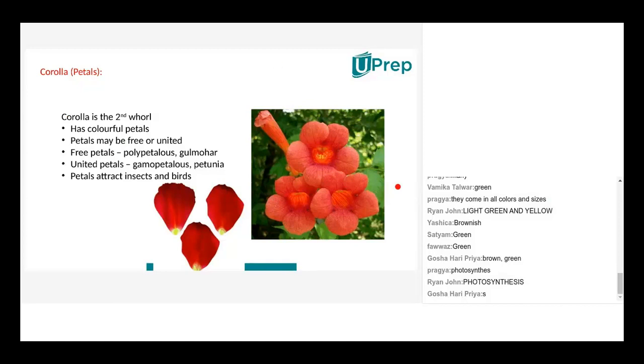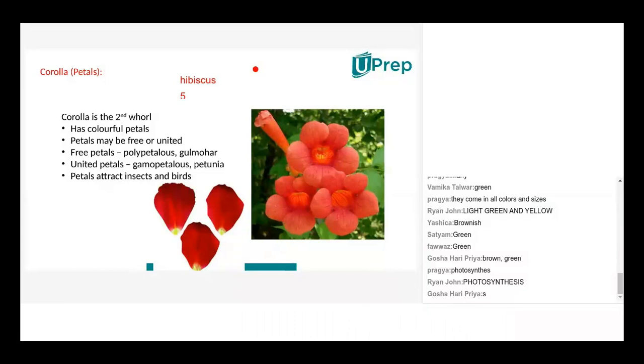Okay. All right. So now there are many types of flowers. Flowers have different kinds of petal arrangements. See, you must have seen hibiscus. There are various species of hibiscus, some 100 species of different colors and different arrangement of petals.